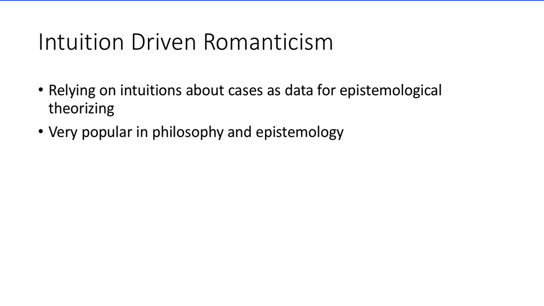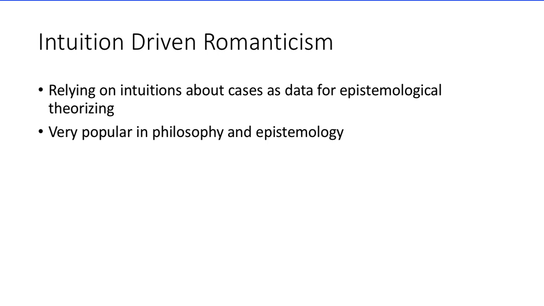And this is extremely popular in philosophy widely and in epistemology. So in philosophy widely, you get all sorts of cases, maybe in morality, where I describe a case to you. I might say, imagine a situation where there's a trolley coming down a track, and on one track there are 5 people, on another there's 1, and it will go on the 5-person track unless you pull the lever and make it switch to the 1-person track.